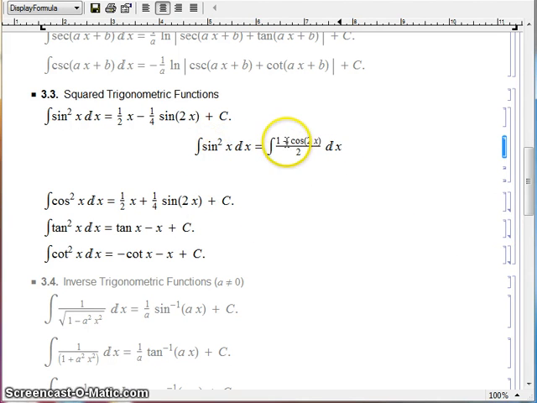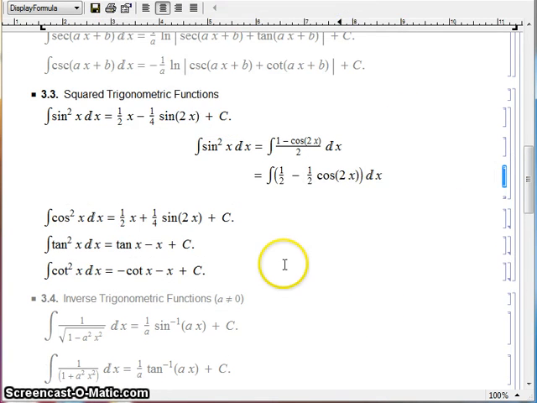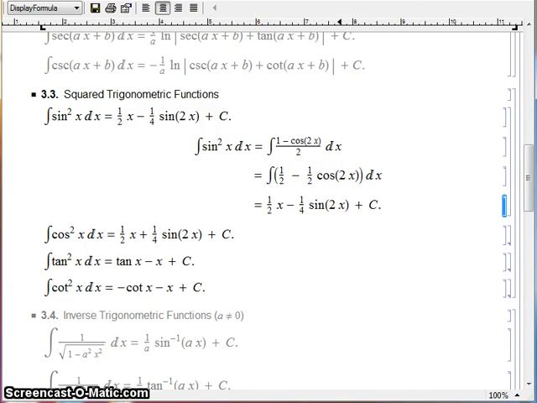Sine squared is 1 minus cosine of 2x over 2, which is equivalent to 1/2 minus 1/2 cosine of 2x, and then just apply the antiderivative rule. 1/2 x, and then cosine becomes sine, and 2 has to be divided because that's my a value. So we have 1/4 sine of 2x. There goes the derivation.